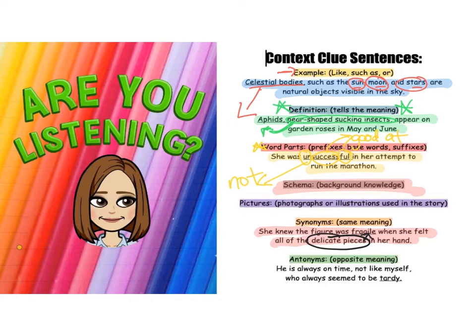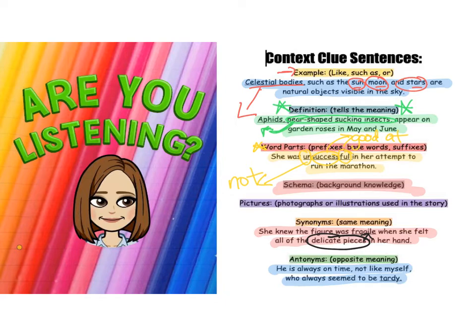Lastly, we have an antonym clue. This is when an author gives us the opposite meaning. Like this example, he is always on time, not like myself, who always seem to be tardy. So if I'm trying to determine the meaning of the word tardy, it says he is always on time, not like myself, creating a contrast.